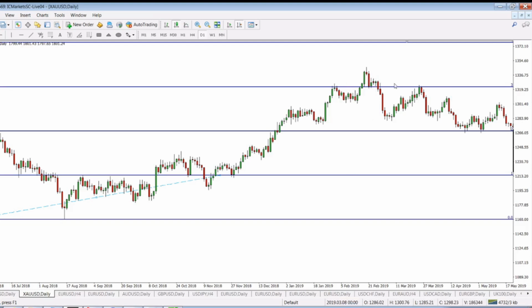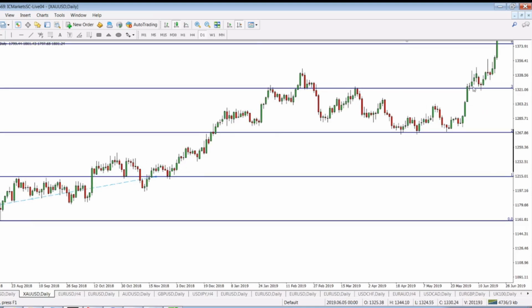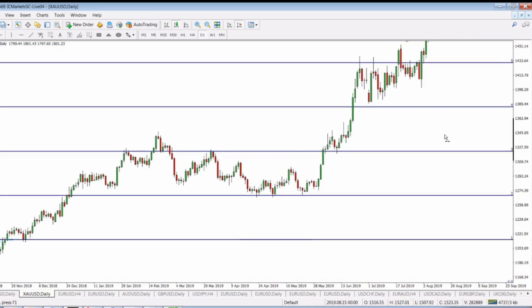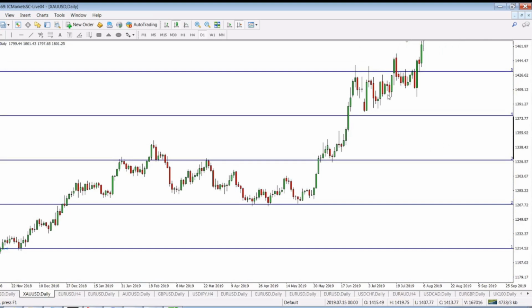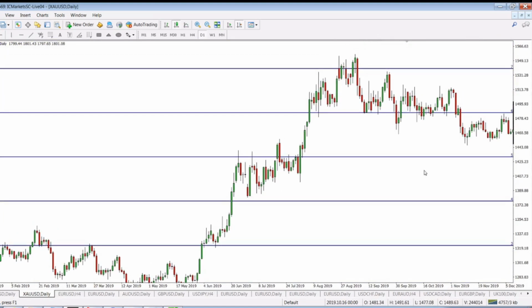It found somewhere here resistance, came back, and it was a support, and started rising again. It started rising, it found another resistance over here at the level of 500% of principal movement, and then the next one was at the level of 7.